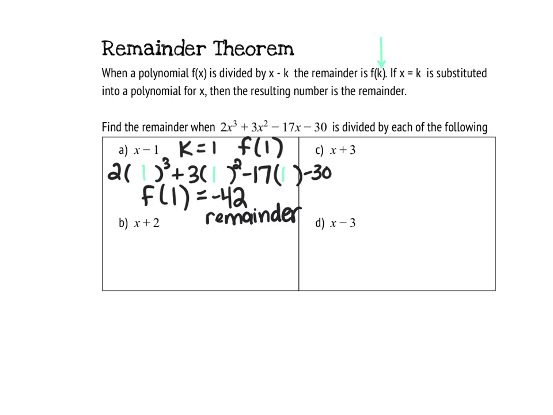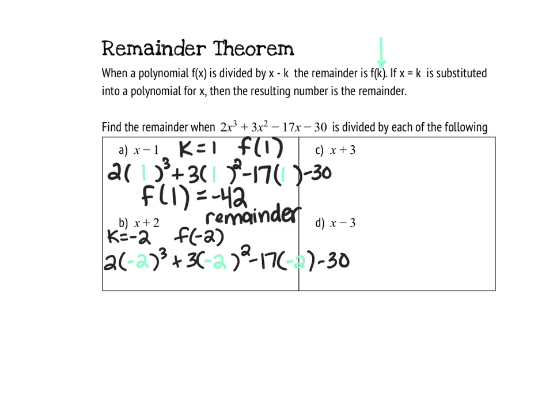Okay, so this process works out the same way regardless of which example you're doing. So let's say I do x plus 2. With x plus 2, my k value this time is going to be negative 2 because it's the opposite if we were to actually solve it. So that means I'm going to figure out what f of negative 2 is. All right, so we're going to take negative 2 and put placeholders for every x value, and in those x placeholders, we're going to put in negative 2.